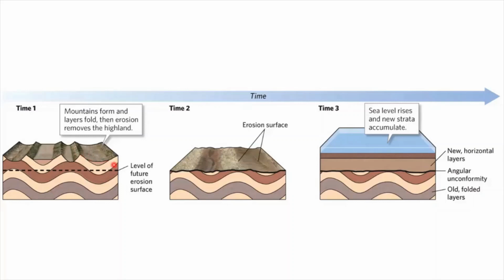And that's basically erosion. And so that material gets eroded away. And so here we see that material that's been eroded away and then layers being deposited on top of it. So with our angular unconformity, layers underneath the erosion surface are at an angle.